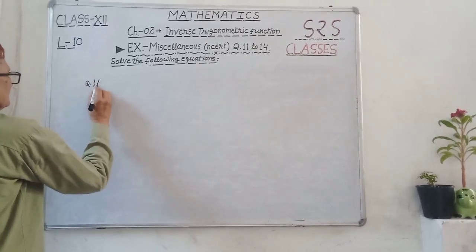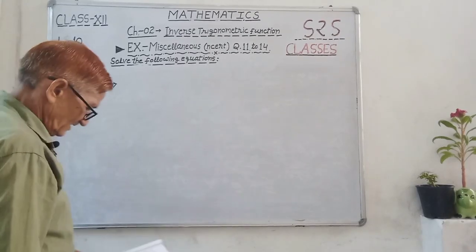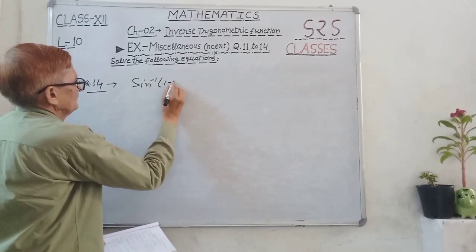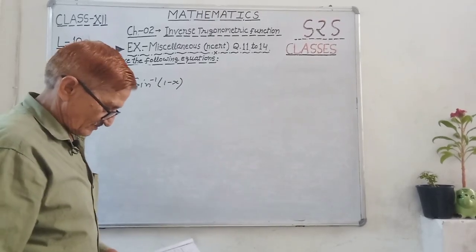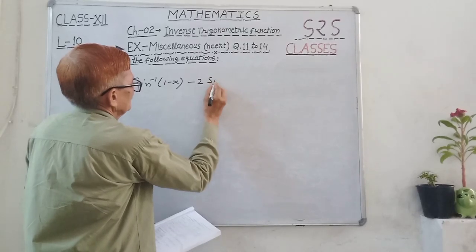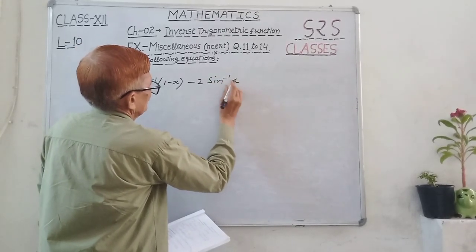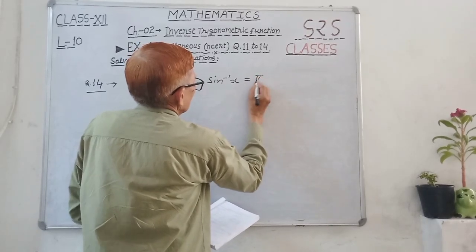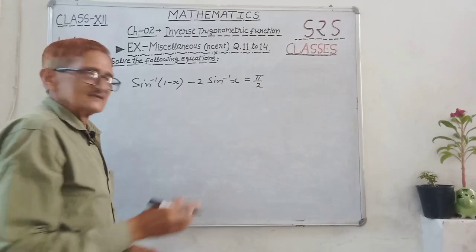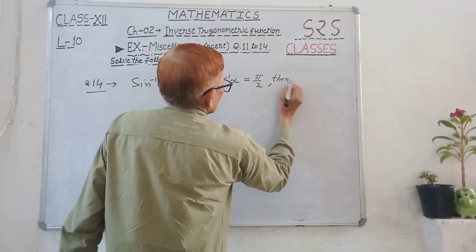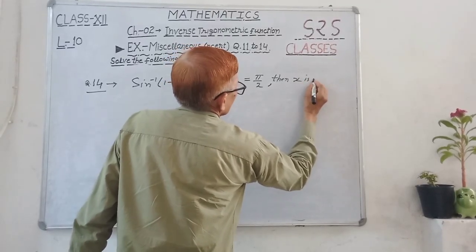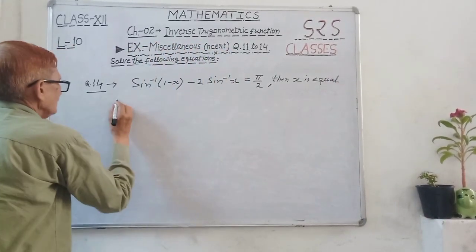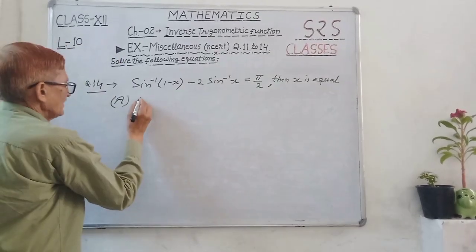If sin inverse (1 minus x) minus 2 sin inverse x is equal to pi by 2, then x is equal to: A option, 0, 1 by 2.